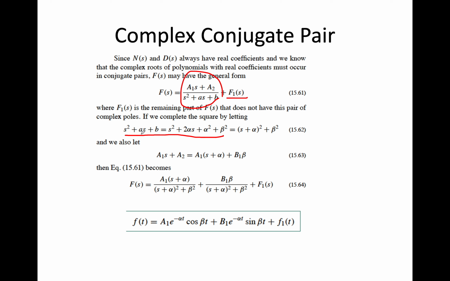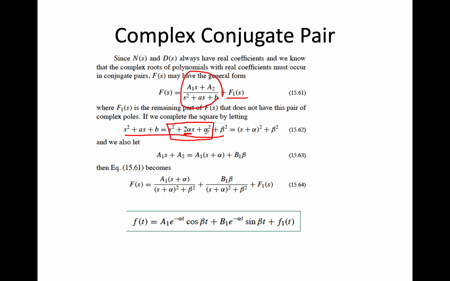So you say, okay, let's let this term look like the middle of a perfect square. So we got 2 alpha s, where if we had a perfect square, this would be it. So a in this first part in my denominator is 2 alpha s.